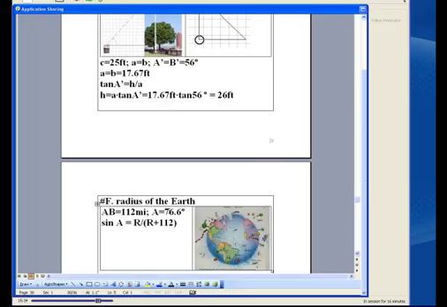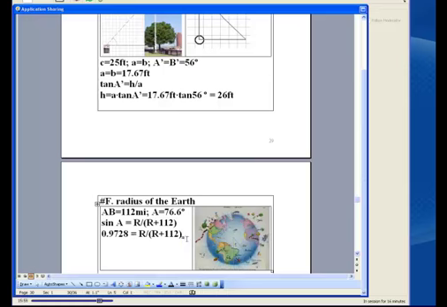Let's actually just plug in the 76.6 degrees here. So sine of 76.6 degrees comes out to 0.9728 rounded, and that equals this one here.